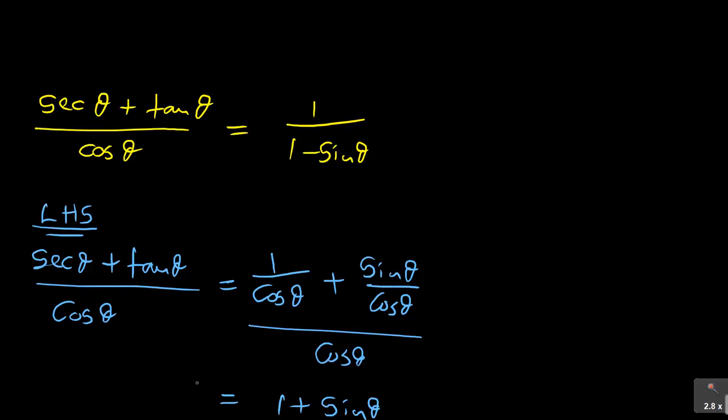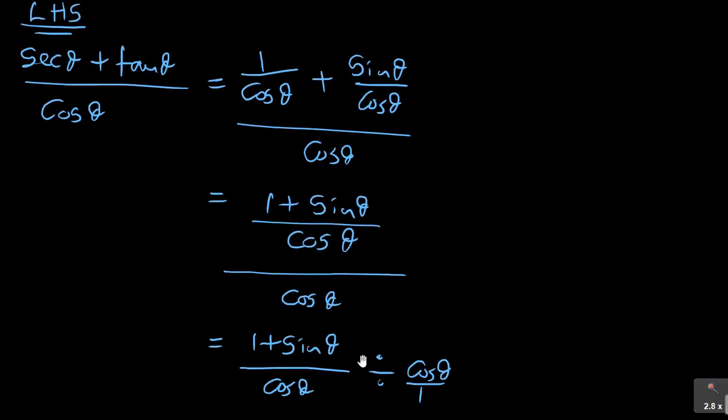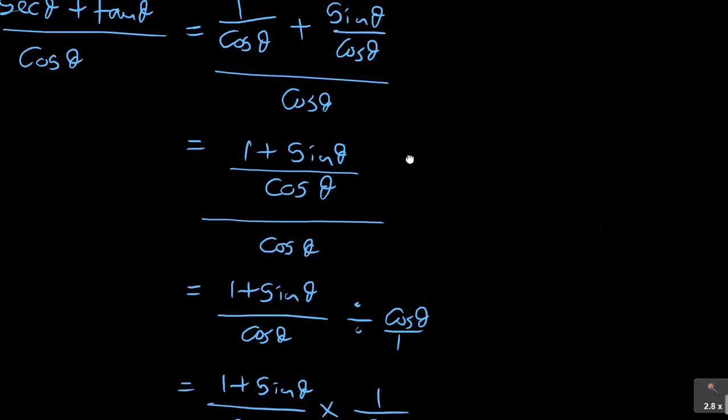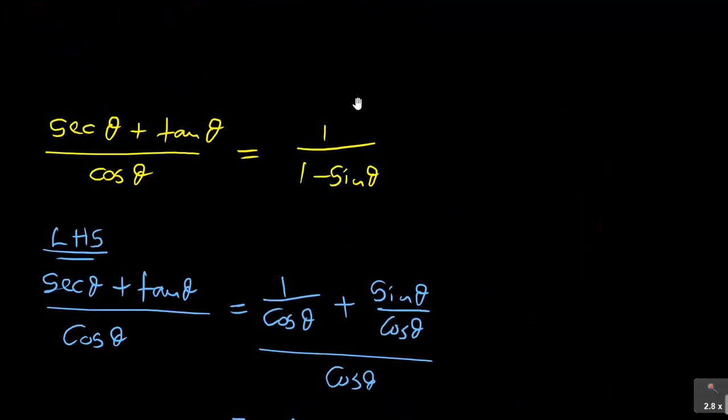So this is my right hand side. We've managed to prove that this simplifies to the right hand side. So basically this is what you are supposed to do. Now let me have a look to see if it was possible to start from the right hand side.